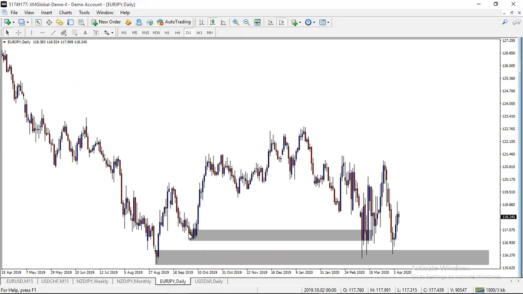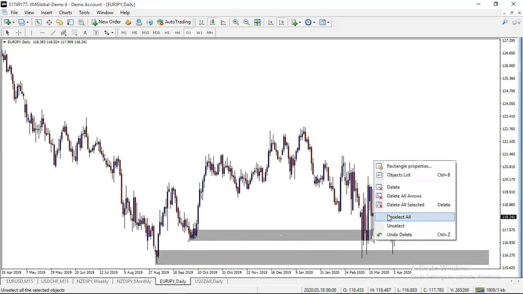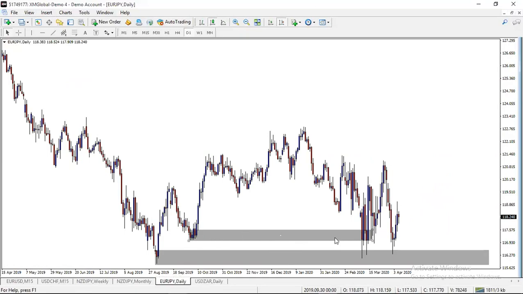There's a support, this is also another support, but price just went through the support like it wasn't there. It just means that you didn't have enough buyers interested in buying here, so you mustn't be emotional about such. Or they were still waiting for a much lower, cheaper price.